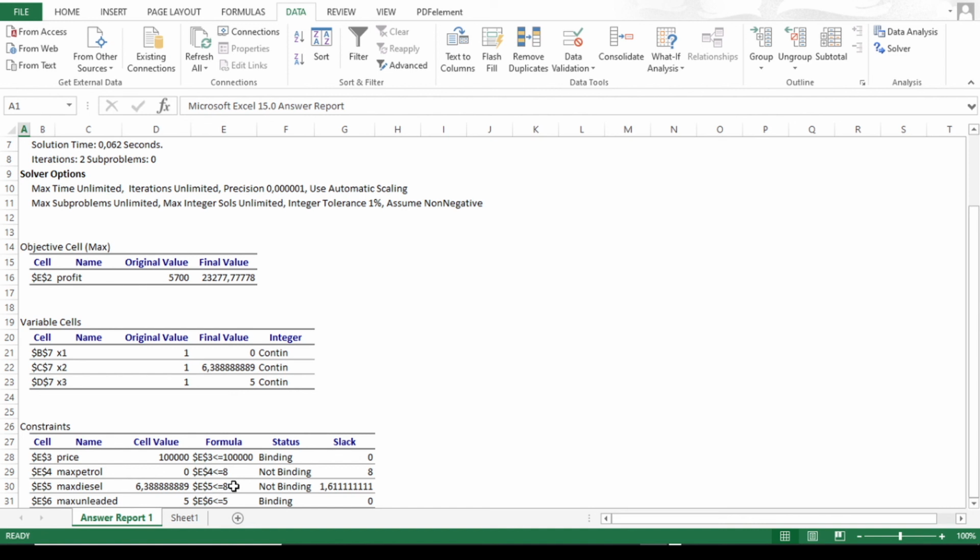And then lastly, the fourth restriction, we have 5 tons of storage space available for unleaded petrol. We use 5 tons of storage space, so we use the full capacity. Therefore, this restriction is binding, and therefore the slack is equal to 0.